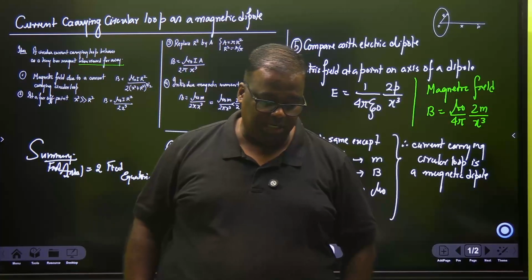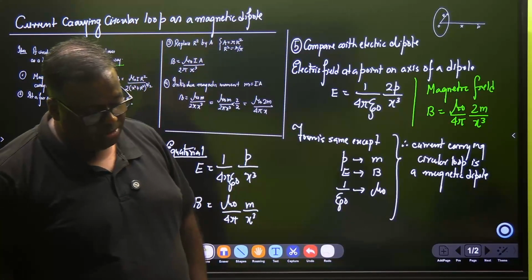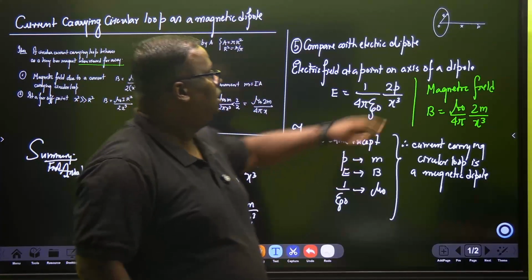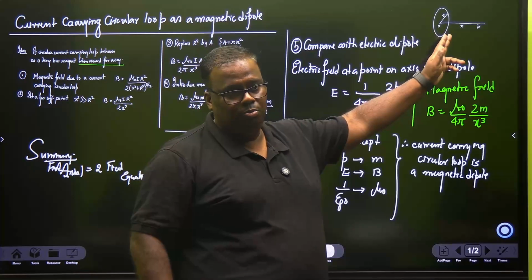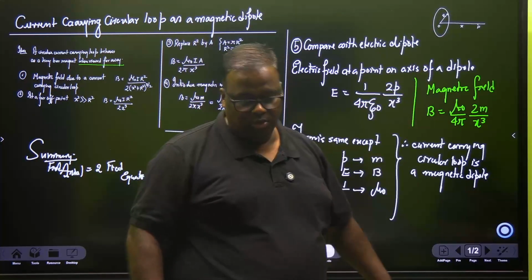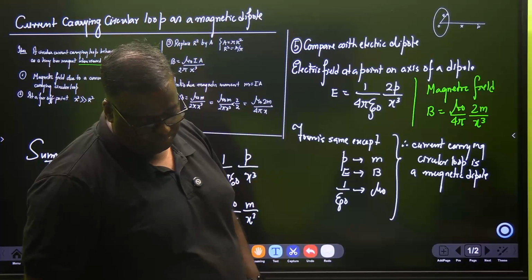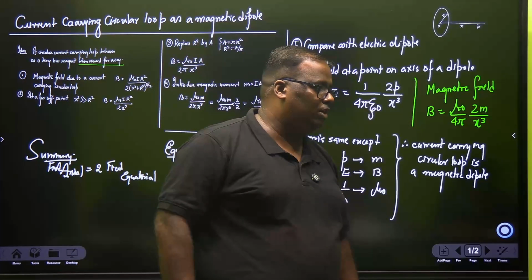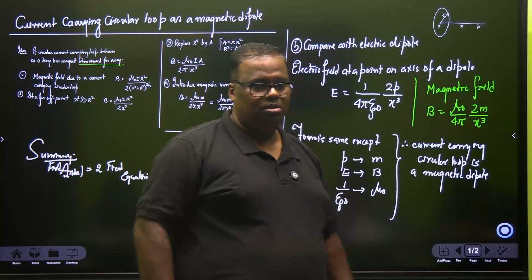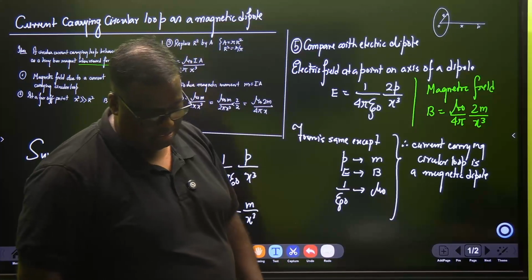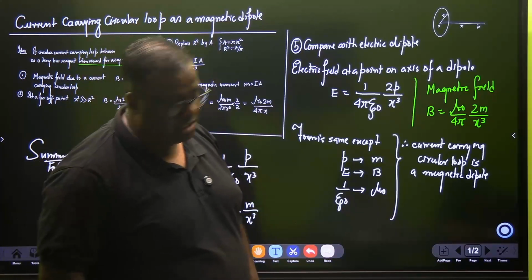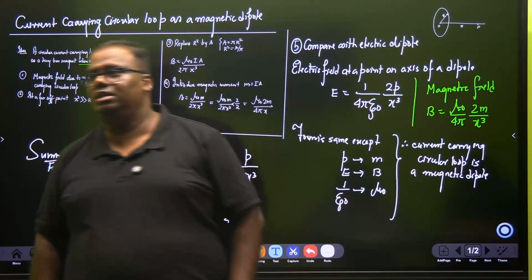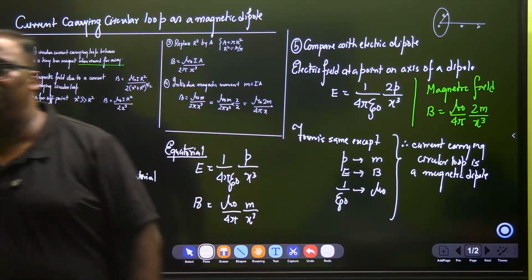A loop is an elementary unit for a magnetic dipole. You can't cut this loop. The loop is an elementary unit for a magnetic dipole, unlike the electric dipole where charges are the elementary unit.